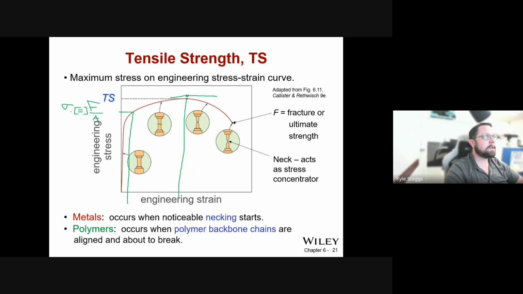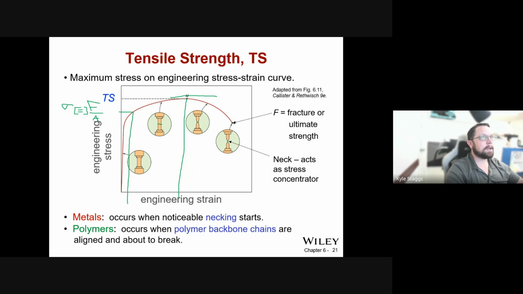So the stress increases to a certain point. Then as that area starts to decrease, this stress begins to decrease again, even though the force is becoming less proportional to the area overall.